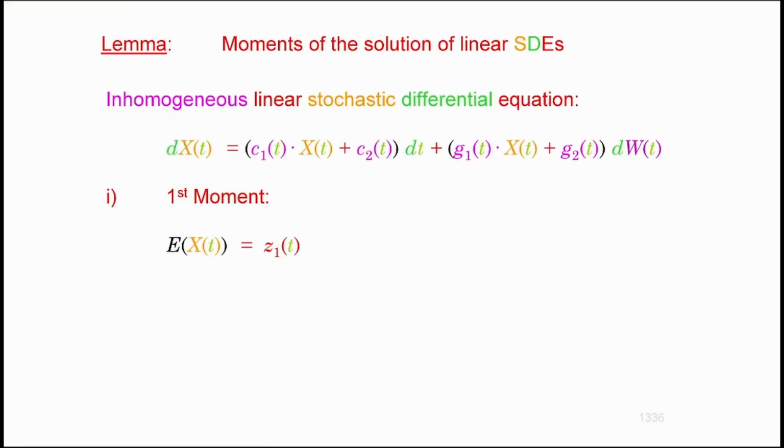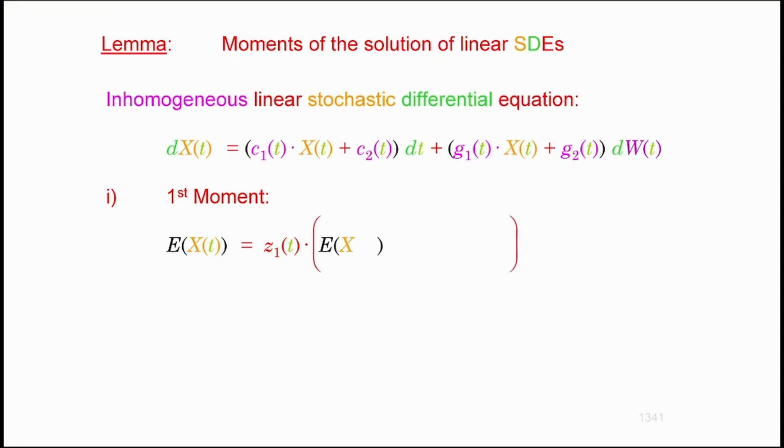You have a function z1, because there are going to be two of them, z1 and z2. So z1 will be the auxiliary function for the moment here. This is not going to be a process now because you have an expectation operator here, so it's going to be a deterministic function. That resembles the structure for stochastic differential equations that are homogeneous.